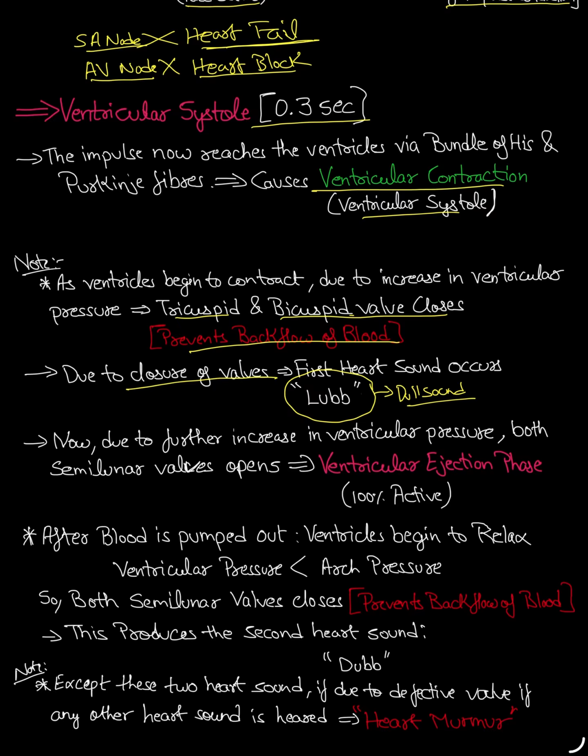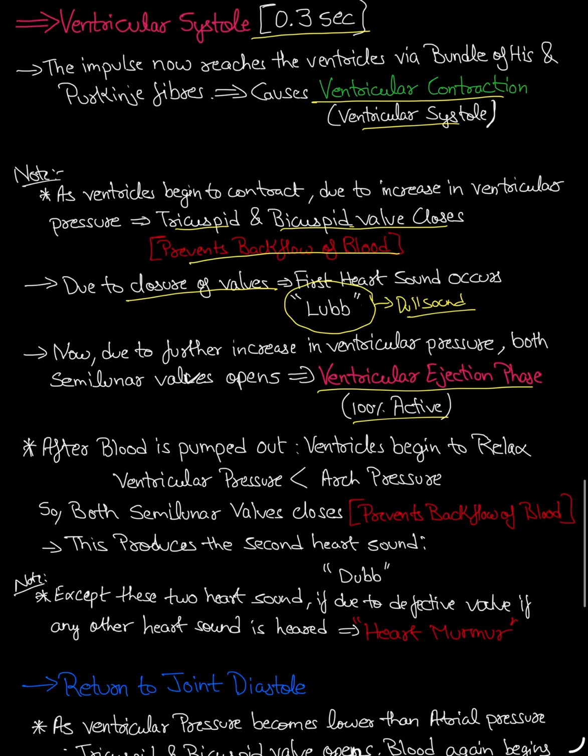And now, due to further increase in ventricle pressure, both semilunar valves open, and the ventricular ejection phase happens. This means blood comes out from the ventricle into the aorta and pulmonary artery.